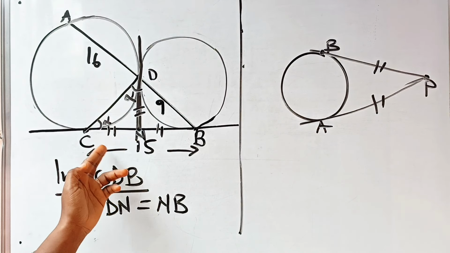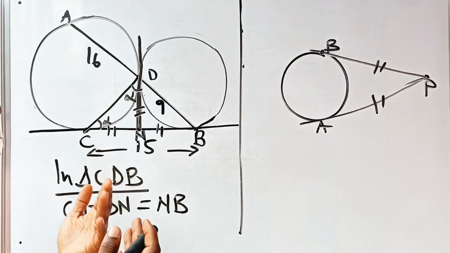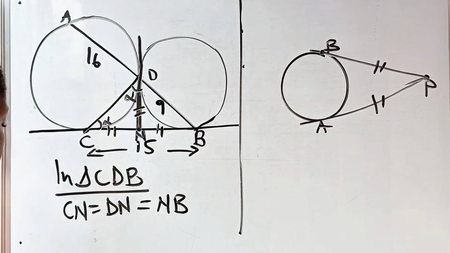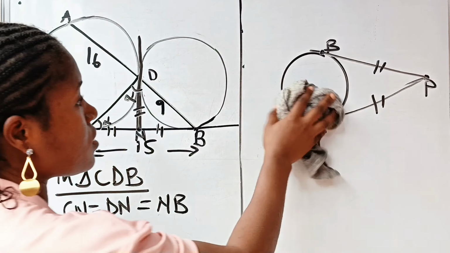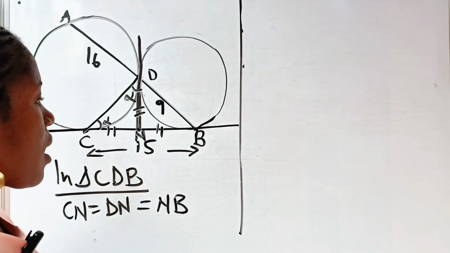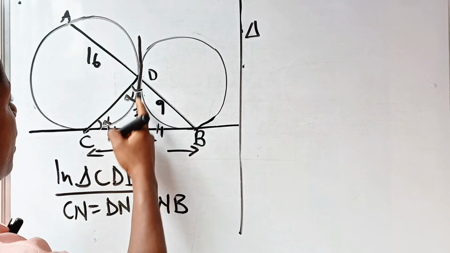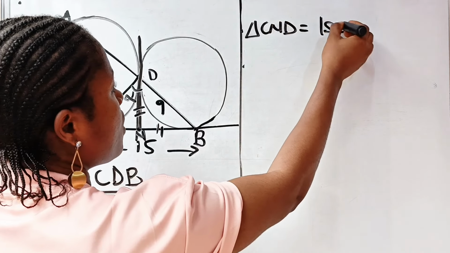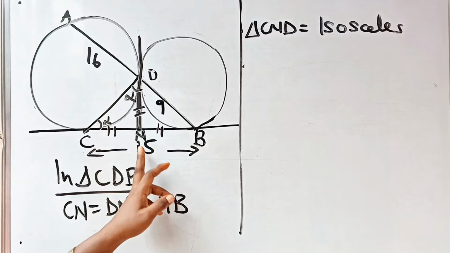So triangle CND is an isosceles triangle and triangle DNB is an isosceles triangle. So maybe I should just write it so that those of you that don't understand my accent will get a picture of what I'm saying. All I'm saying is that triangle CND is an isosceles triangle. Same thing with triangle DNB.